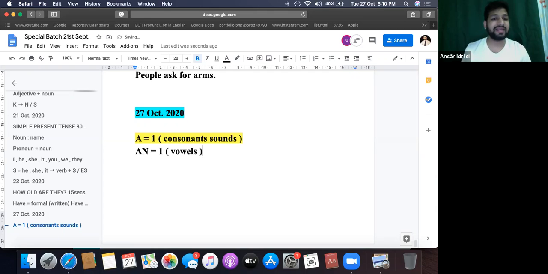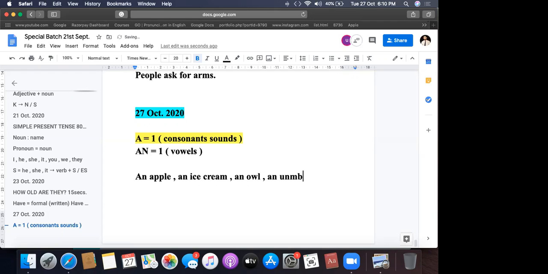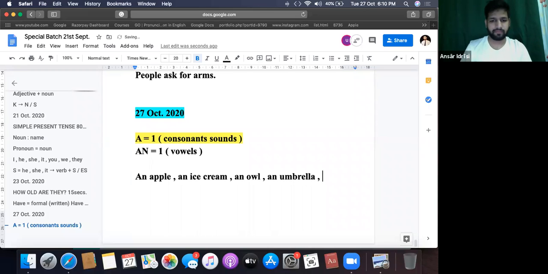If the teacher is saying that we use an before singular countable nouns beginning with vowels, for example, an apple, an ice cream, an owl, an umbrella, an egg.